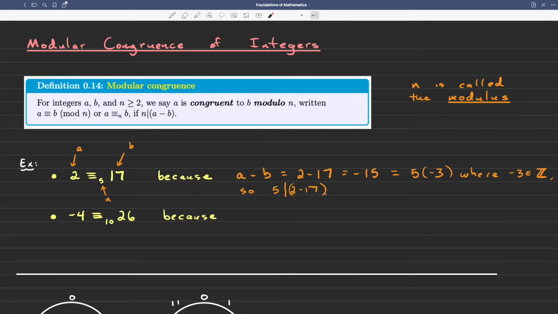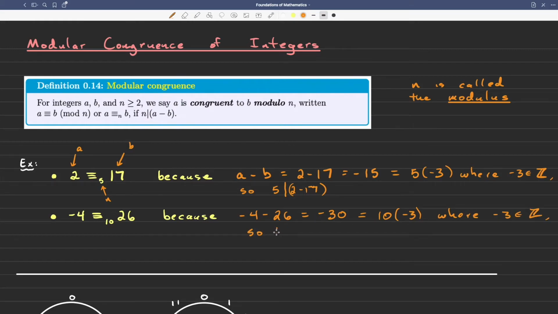Similarly, we can say negative 4 is congruent to 26 modulo 10, because if I take the difference between those two numbers, negative 4 minus 26, that would be negative 30, which is 10 times negative 3, and negative 3 again is an integer.